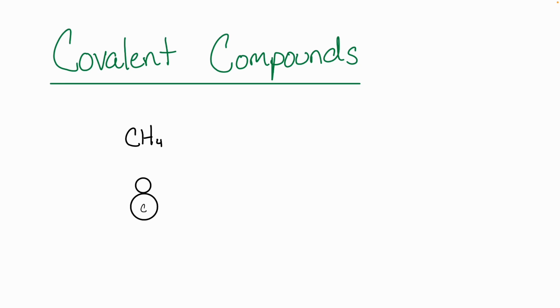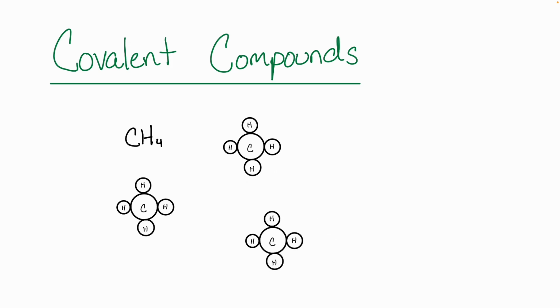The hydrogen atoms are all bound to that central carbon atom. But this is kind of its own package deal here. Neighboring molecules of CH4 are floating around independently of that other molecule, right?